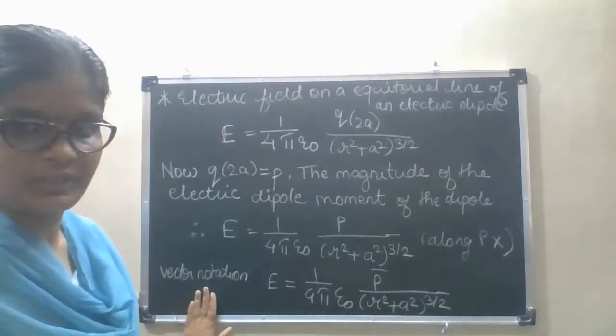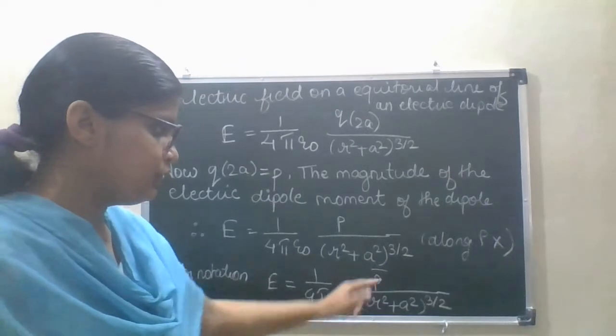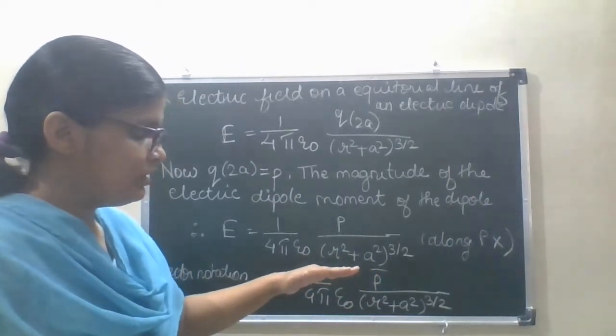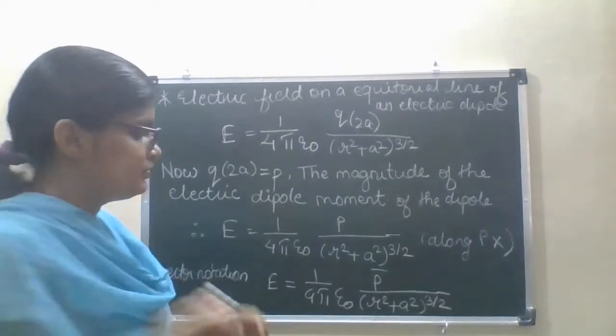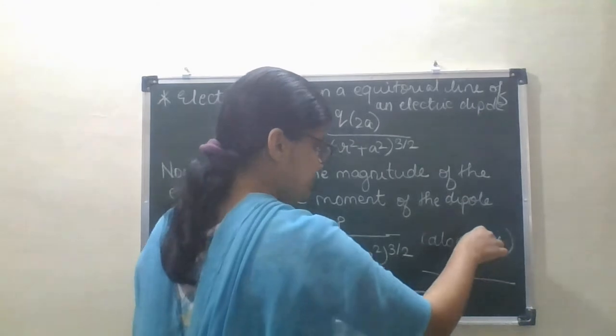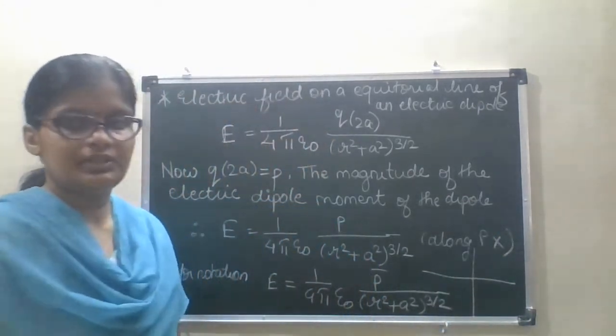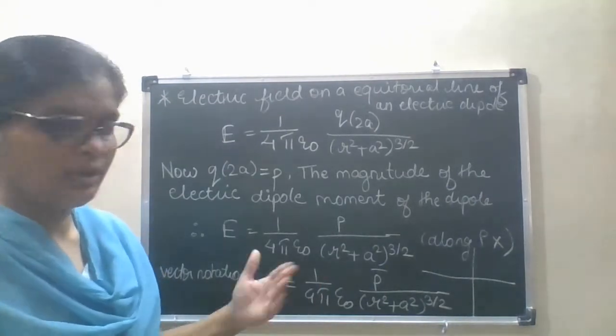And in the form of vector notation, the equation will be E is equal to 1 upon 4 pi epsilon naught, the direction. Yes, now there is a slight change: here our dipole is in this direction, and the axis which we have chosen for calculating the electric field was in the opposite direction.